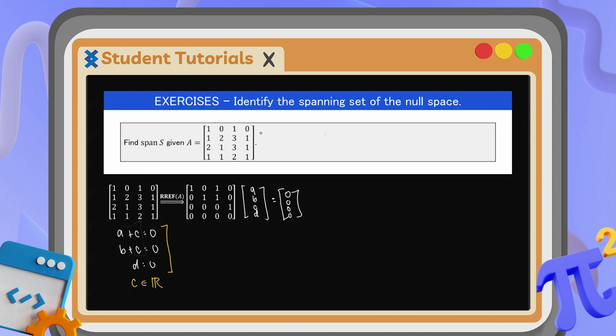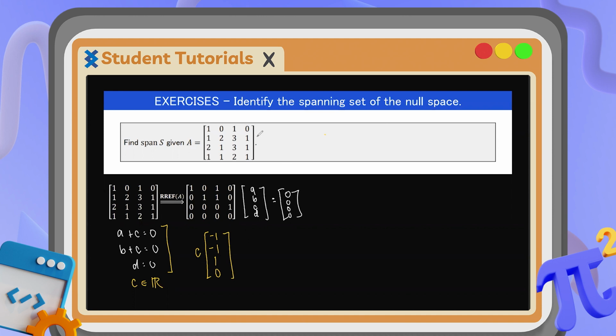So when we create the spanning set, it would look something like -1, -1, 1, and 0, multiplied by c, where c, again, is any real number.